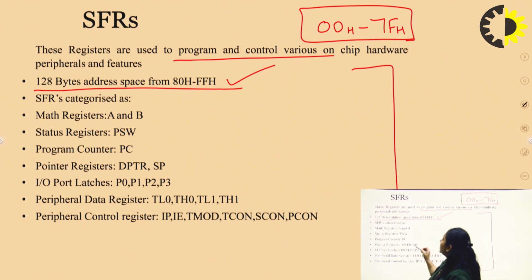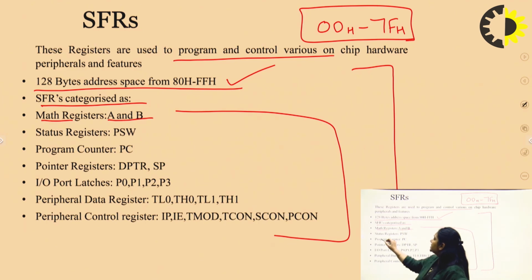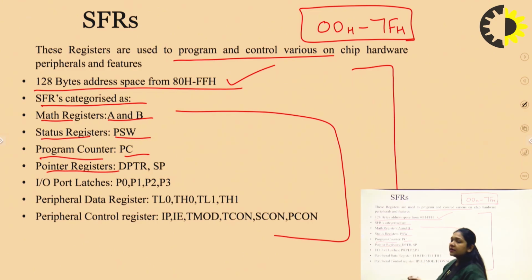First of all, SFRs are characterized by their use. First are the math registers, that is A and B. A register is the accumulator, B is the B register. Status register is our PSW, program status word. Program counter is PC. There are 2 pointer registers, one for the data pointer and one for the stack pointer.